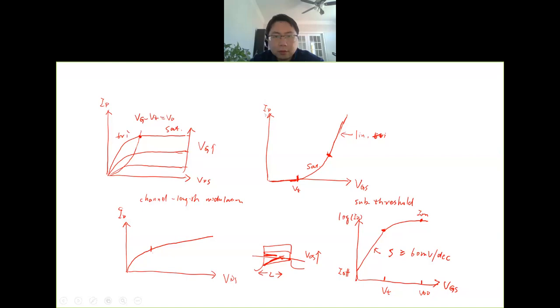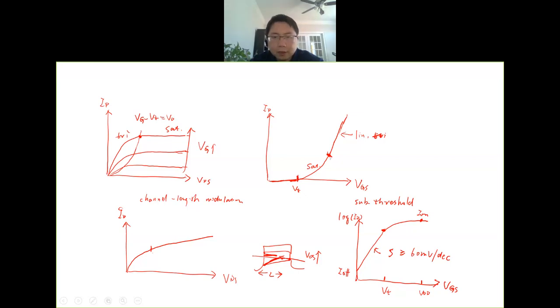So the second one is this ID versus VGS. And then this is in the linear scale of the drain current. So you can draw this kind of ID VGS curve. And then this is the threshold voltage.